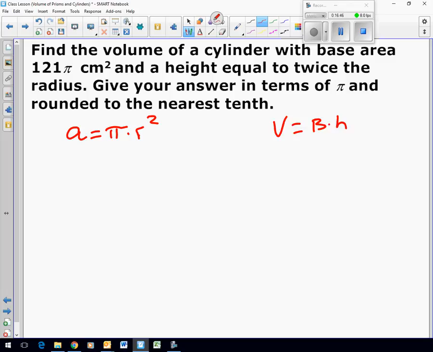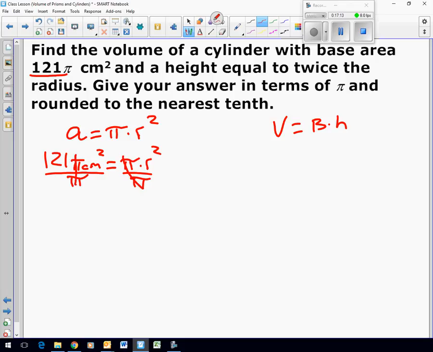The only thing I've got is A. I know that A equals 121 pi square centimeters, okay? So Hannah, before I square root 121, I want to get rid of pi. You with me?